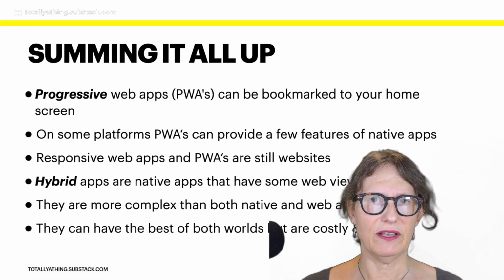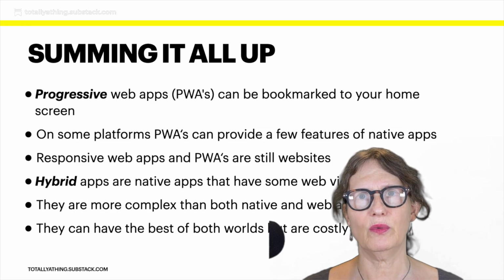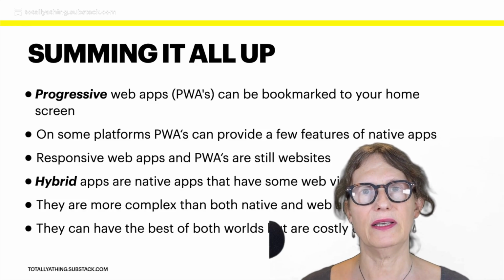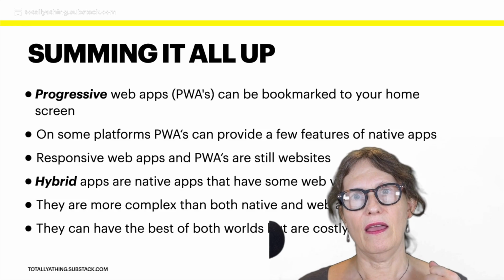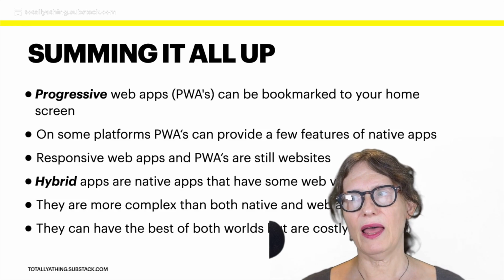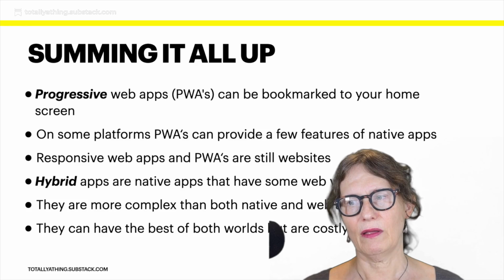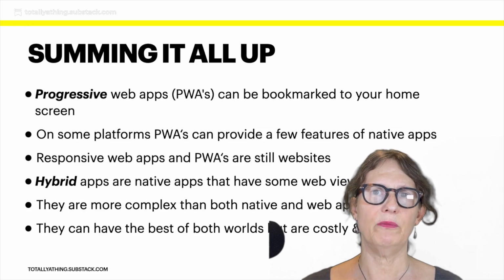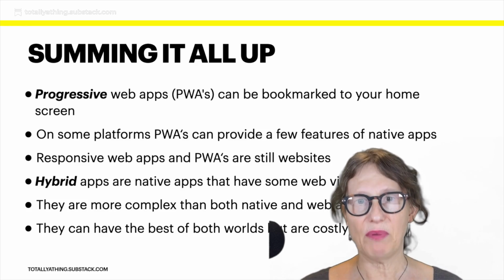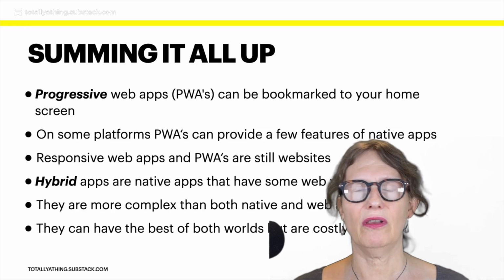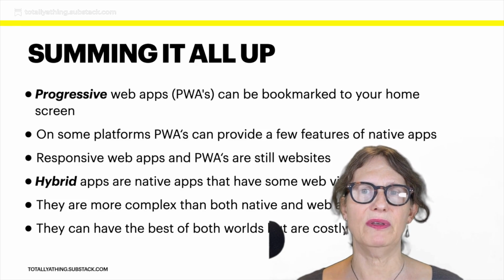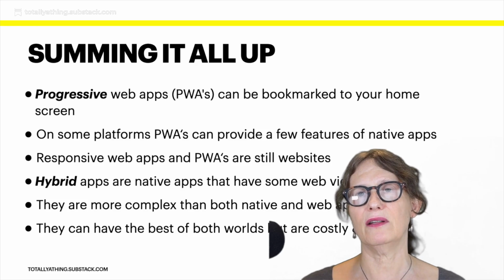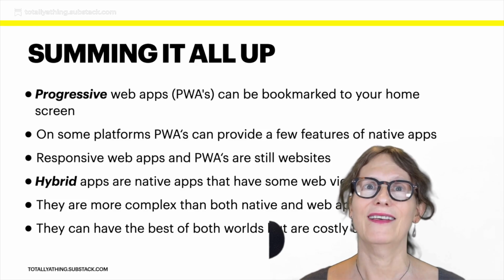The difference, obviously, if you need to tell between the different kinds of apps, is that if an app comes from Google Play or from the Apple App Store, it will be native. And both companies now do not like folks trying to build thin wrappers around a web app and put it into the store.